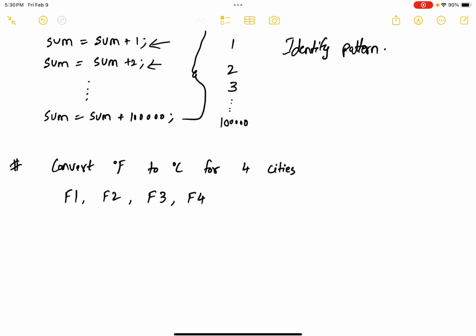These will store the Fahrenheit values for 4 cities. And then you can use a formula to convert from F to C. Assuming that you use the formula and you got 4 centigrade values, these are the 8 variables which you will typically use.